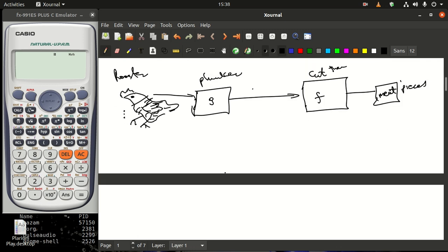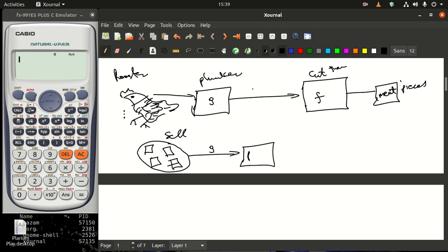Another way to look at it: I have this bunch of products, and you sell them. After selling these products, this is our G. G says sell these things, and G will calculate the revenue that you will get after selling these products.